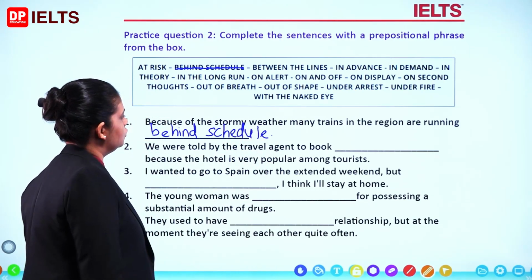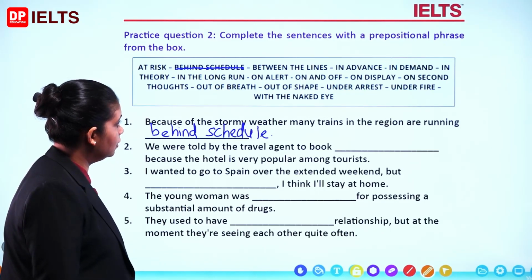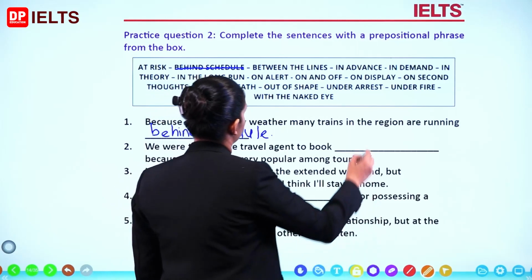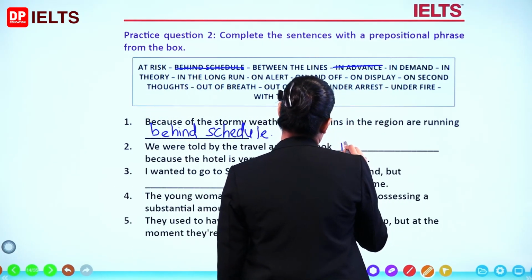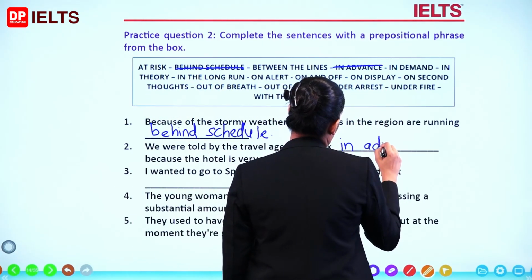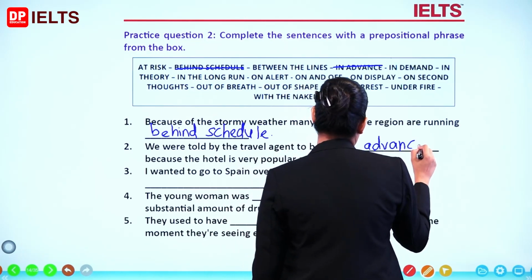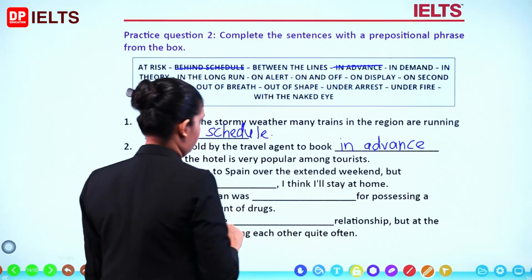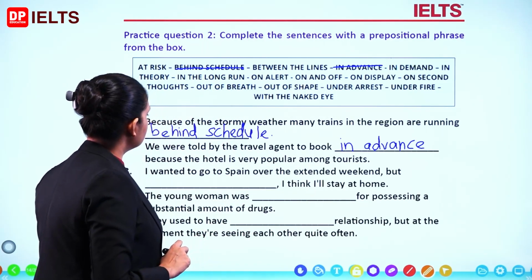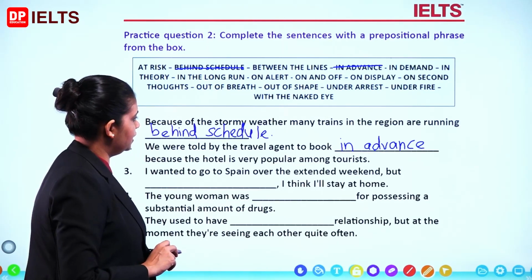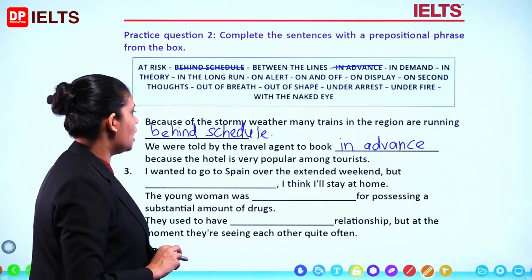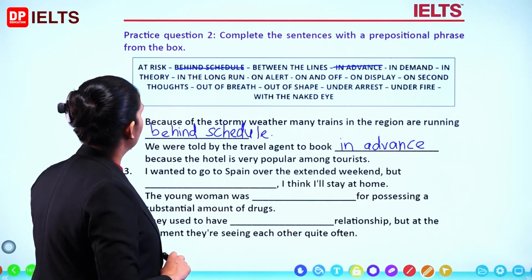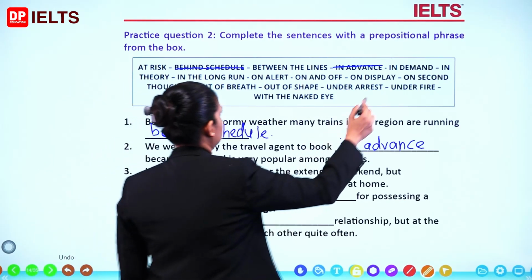We were told by the travel agent to book, you could say, in advance, because the hotel is very popular among tourists, okay. I wanted to go to Spain over the extended weekend, but I think I'll stay at home. But on second thoughts.